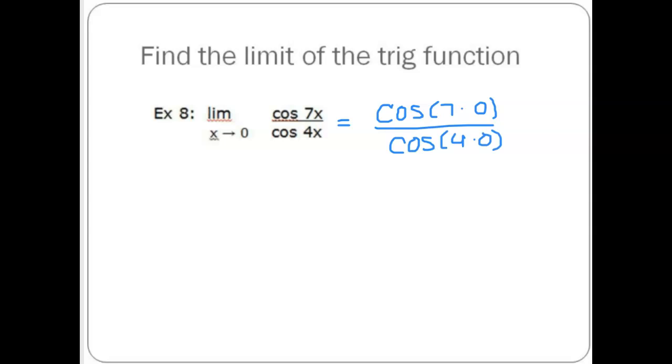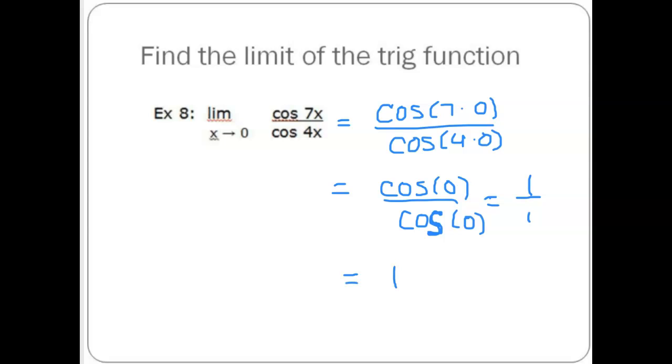So you get cosine of 7 times 0 over cosine of 4 times 0, which really is like the cosine of 0 over the cosine of 0. And recall that the cosine of 0 is 1. So you get 1 over 1, or 1.